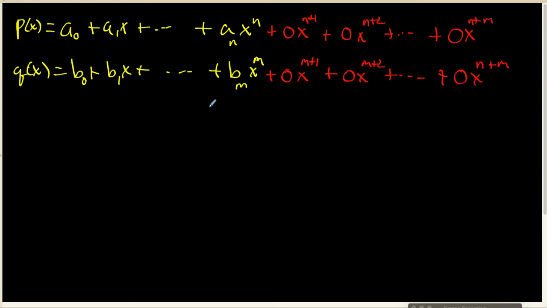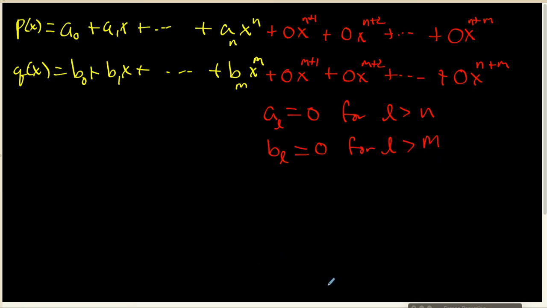And my notation convention with this red stuff is going to be that a sub l is going to be equal to 0 for l bigger than or equal to n, and b sub l is also going to be equal to 0 for l's that are bigger than or equal to m. And essentially this lets me think about both p and q as being polynomials that have up to x to the n plus m in terms of powers of x in them.